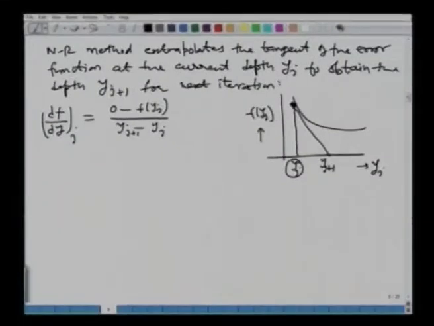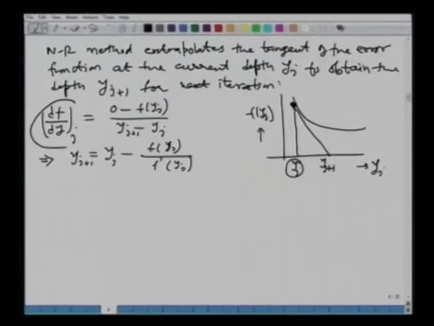So, if you solve this equation, this will essentially give you the method: y j plus 1 is equal to y j minus f of y j over f prime of y j, where f prime of y j is nothing but this quantity. This is your NR equation.